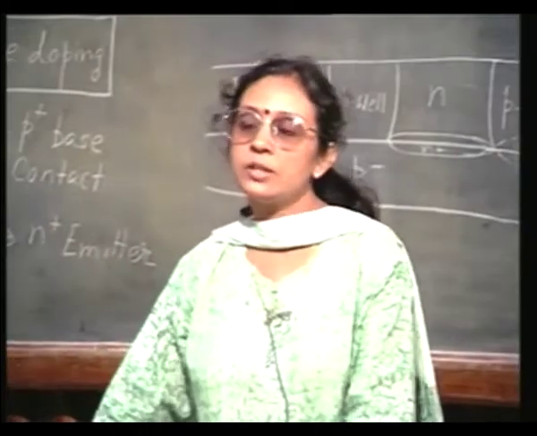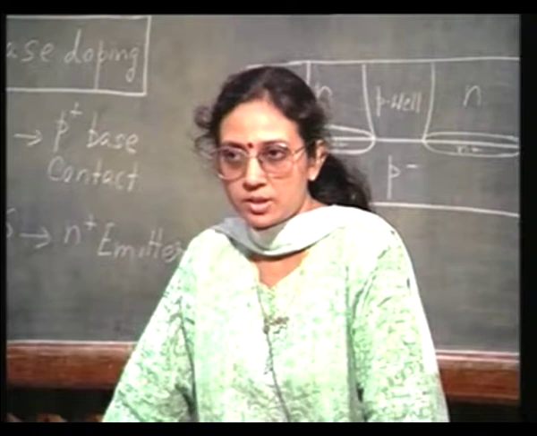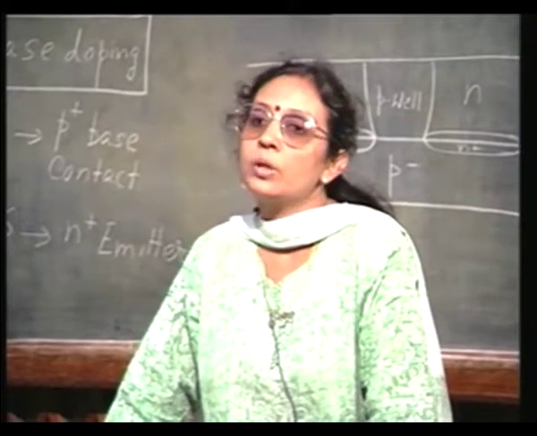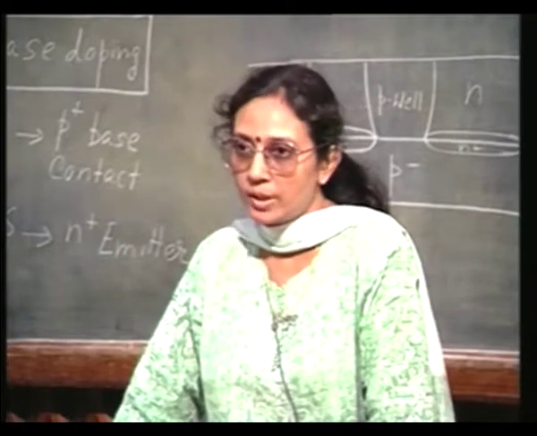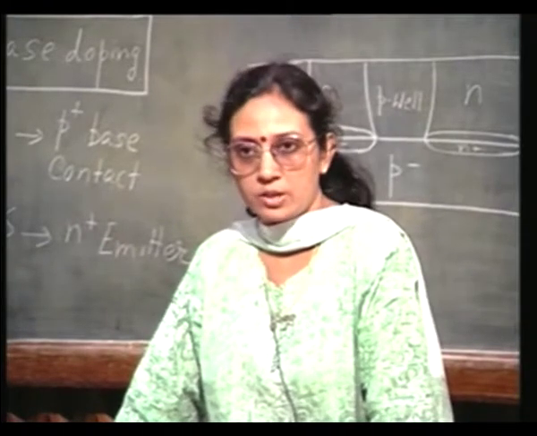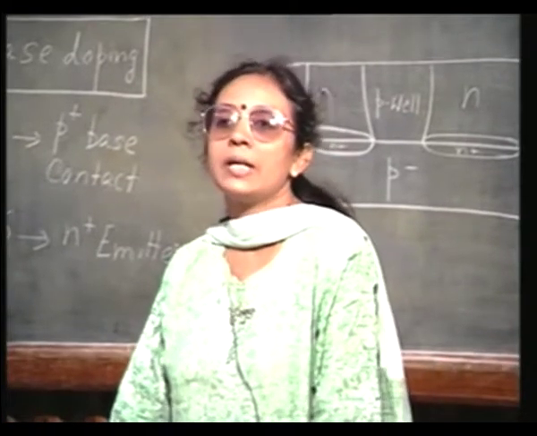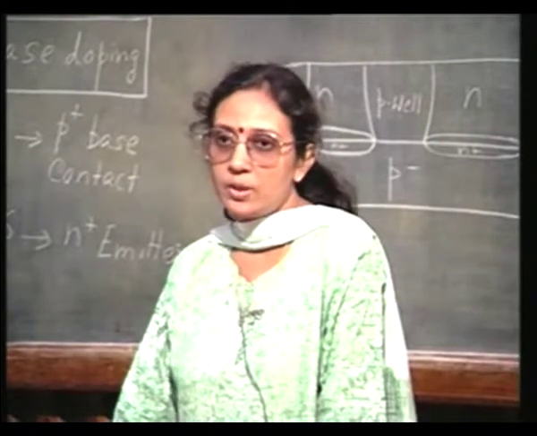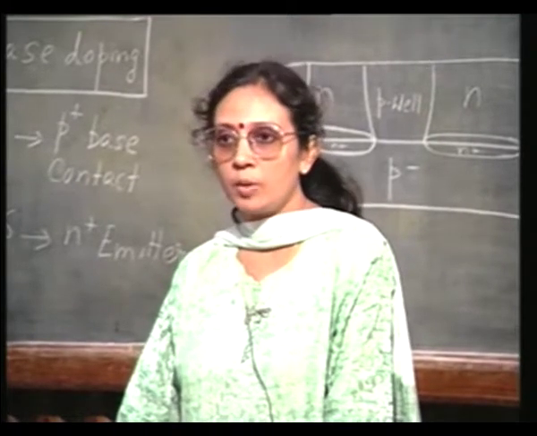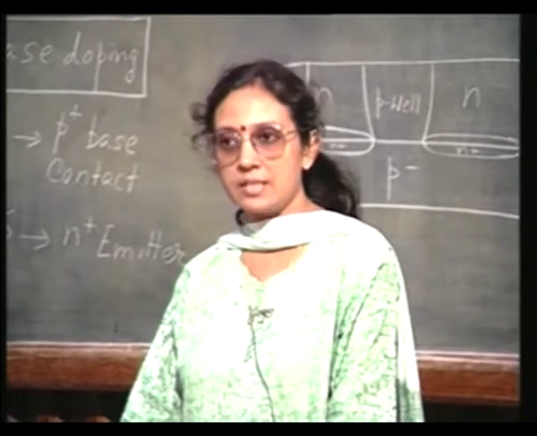To begin with, we were interested in just realizing a bipolar junction transistor. We saw that only by having one extra step, that of the base doping, we could realize a bipolar junction transistor. So, the next criterion became how to enhance the performance of this bipolar junction transistor, and we realized that the major problem is the collector resistance.